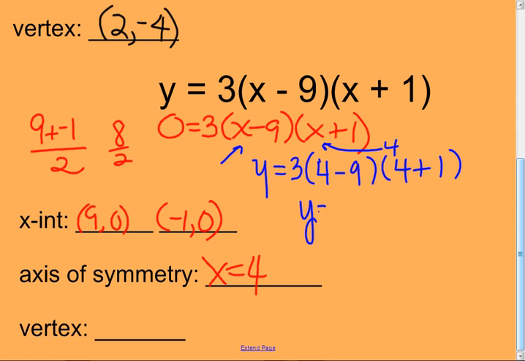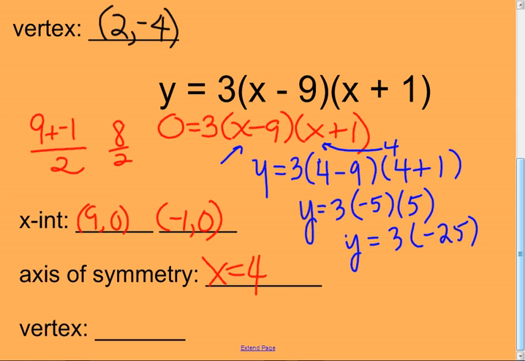What's 4 minus 9? Negative 5, and this is a positive 5. When it's in factored form, you should be noticing that one is the opposite of the other. Now think of money. 5 times 5 is how much? It's negative 25.